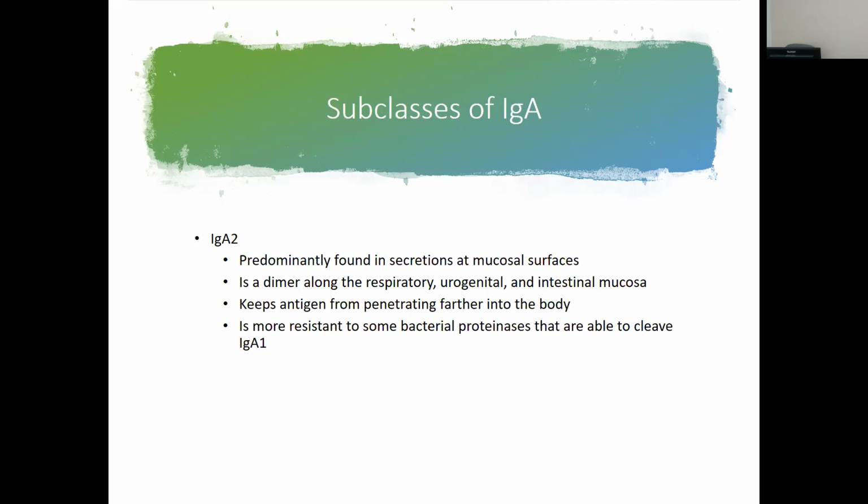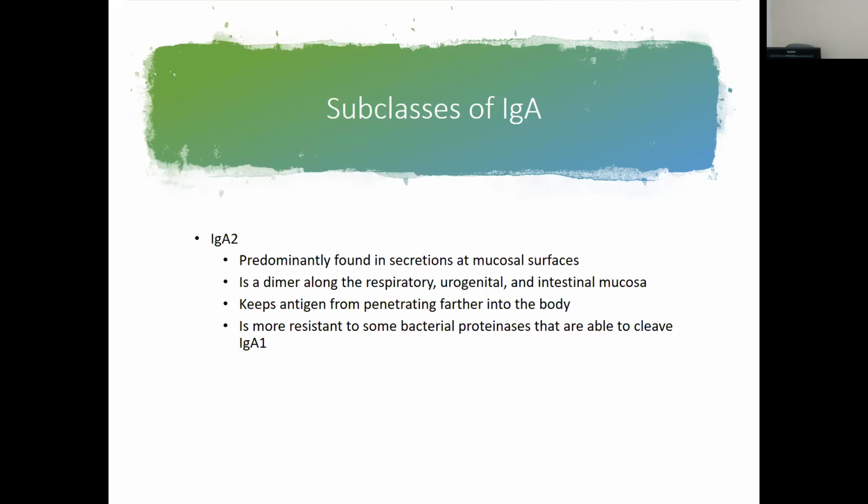Along the respiratory tract, anything we breathe into our lungs, we've got IgA present in the mucus, the urogenital tract, and the intestinal mucosa. I don't know if y'all think about what you eat, but this is a great way to think about it. When we eat something, it goes in our mouth, down our esophagus, to our stomach.